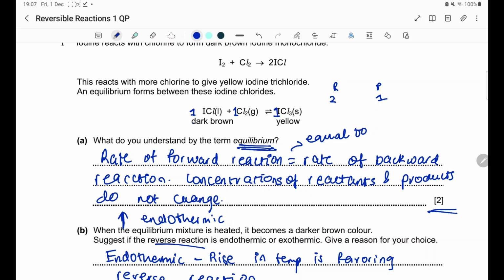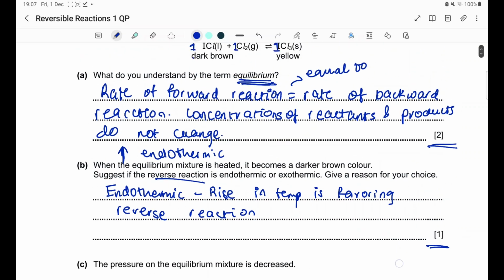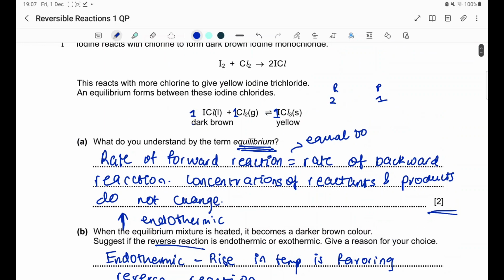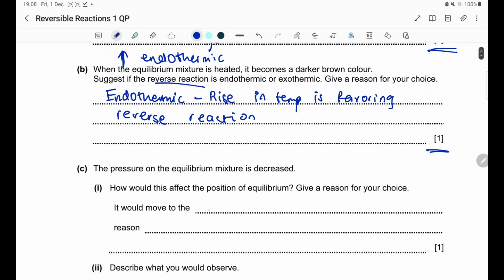Now, we had established in the video where I explained chemical equilibrium that an increase in pressure favors the side with the smaller number of moles, which means that if the pressure was increasing, it will go to the product side. However, here they are decreasing the pressure, so it would move to the left. It would move to the reactant side.